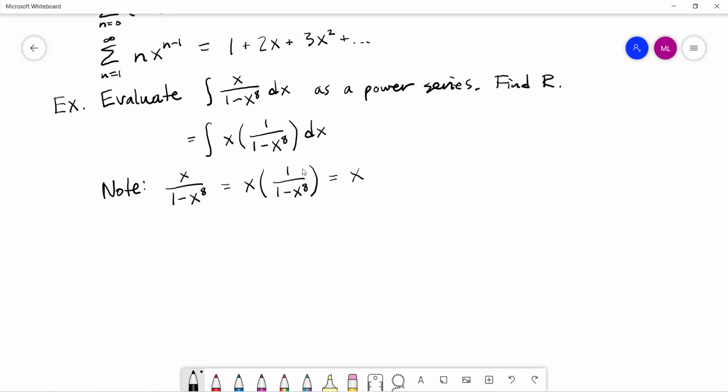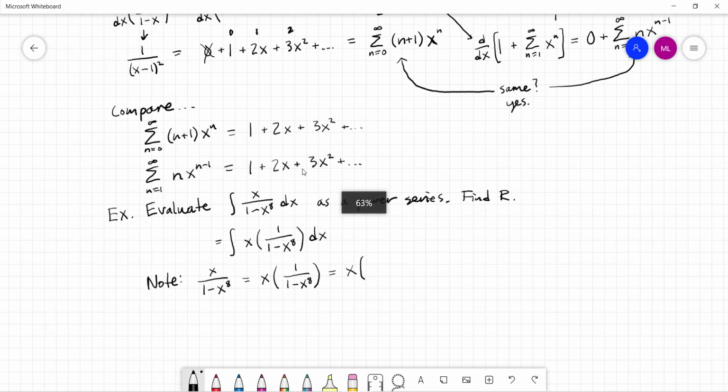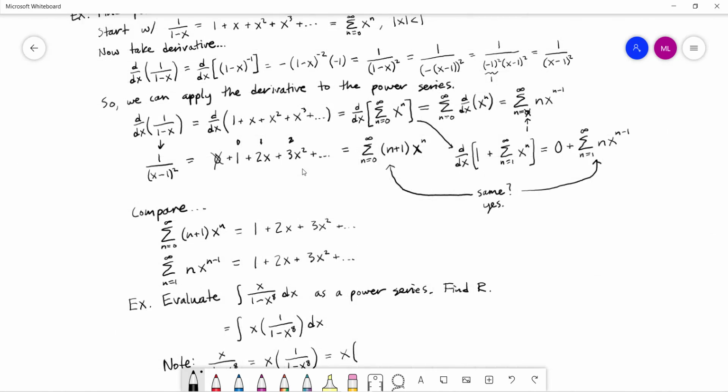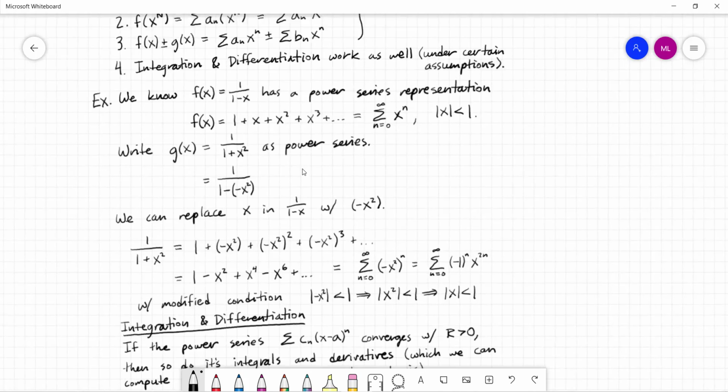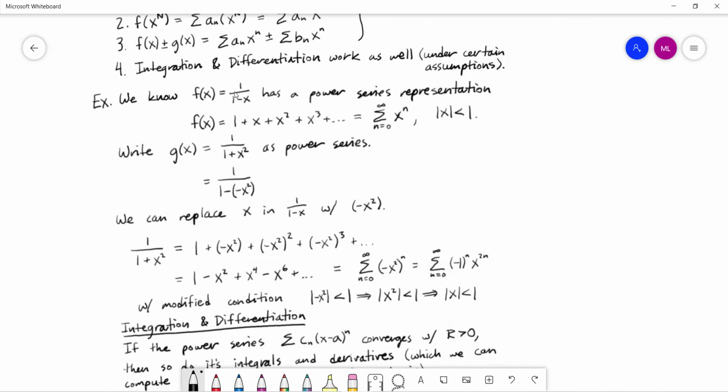So I have my x that's factored out, and the power series looks exactly like the one we had for 1 over 1 minus x. Right? And we're basically just doing this again. If I had the one for 1 over 1 minus x, and I replaced the x with a negative x squared, then I could get the power series representation of this piece.